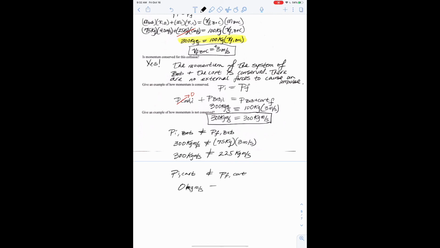PF of the cart, what was that? Well, that's 25 kilograms times that final velocity of 3 meters per second. It's going to equal 75. And that makes sense, but I thought I'd point this out: this plus this is that 300. The cart's momentum plus Bob's momentum is 300.